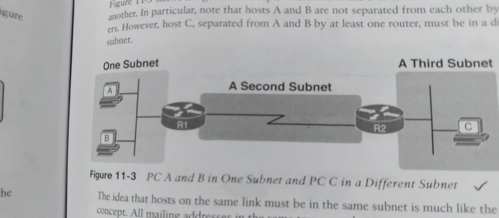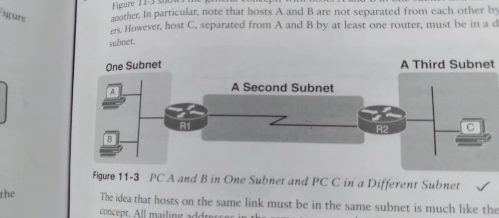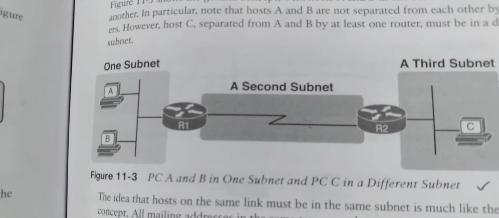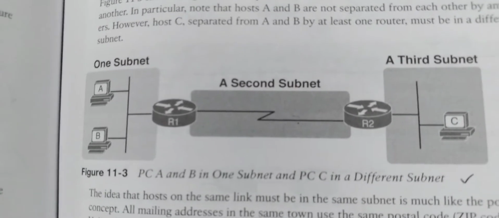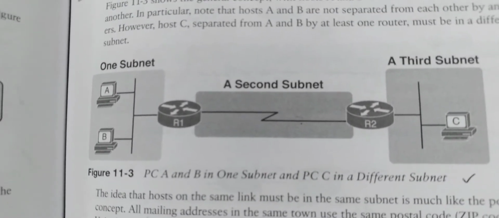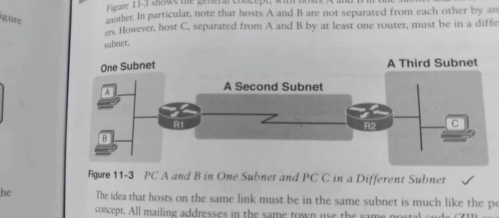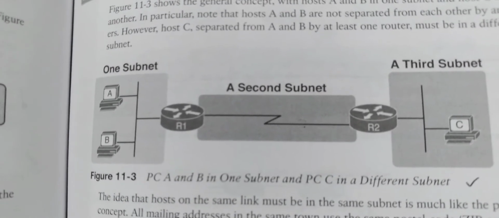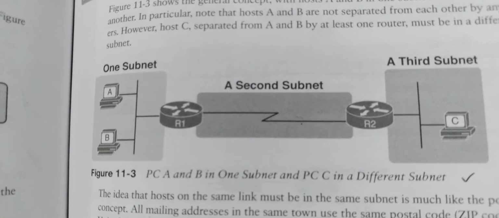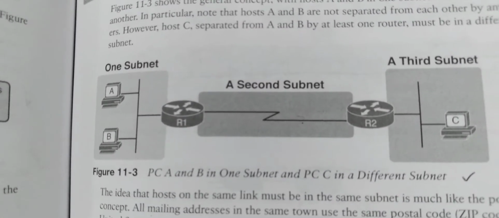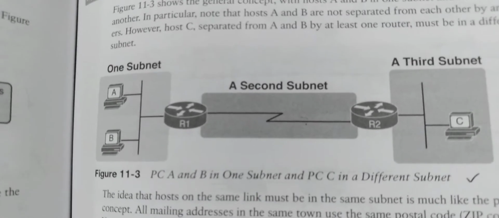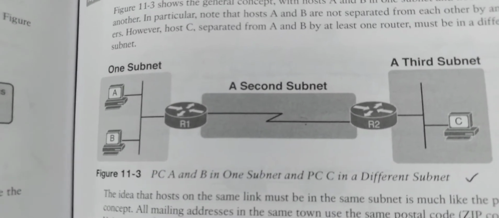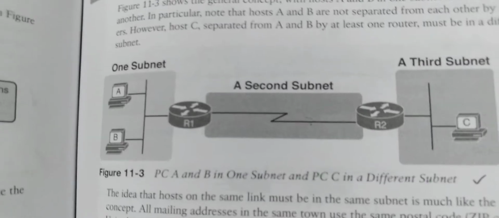Figure 11-3 shows the general concept with host A and B in one subnet and host C in another. In particular, note that hosts A and B are not separated from each other by any routers. However, host C, separated from A and B by at least one router, must be in a different subnet.